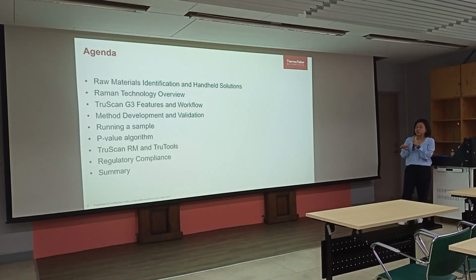I will go through the features and also the workflow and how to develop the method and do the validations, running the samples, define the result with our p-value algorithm, and also I will go through our current model for our handheld instrument. We call the TruScan RM and TruTools with the chemometric model, and I will go through some regulations compliance as well.